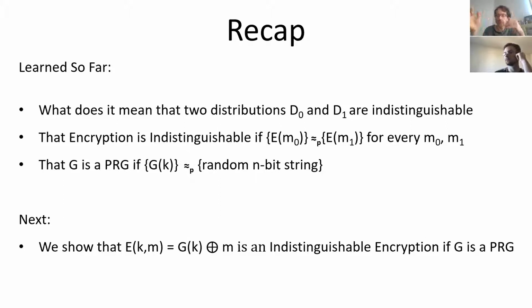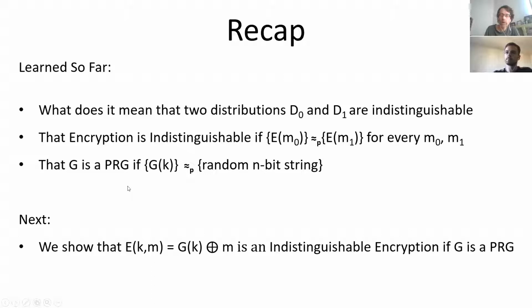And you feed a sample from this or from this to any efficient test, then this test is going to act almost identically on these two, where almost means that if you subtract the difference, it's negligible.